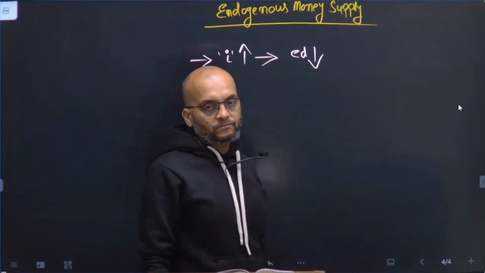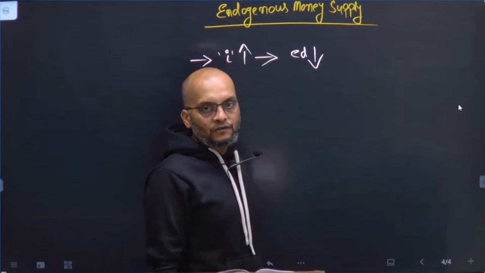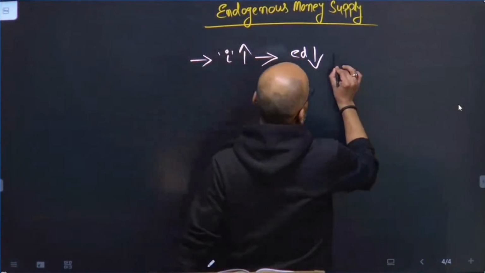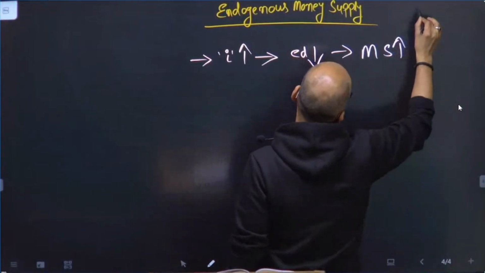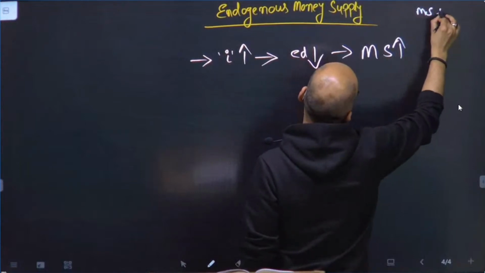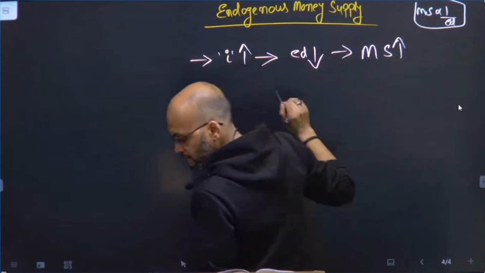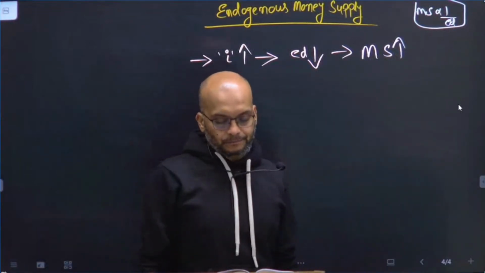Guys, excess reserve ratio will decrease. And if your excess reserve ratio will decrease, your money supply will increase as money supply is inversely proportional to ED. Speak up, guys.